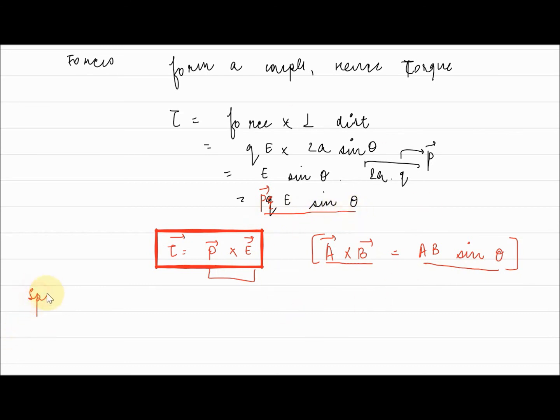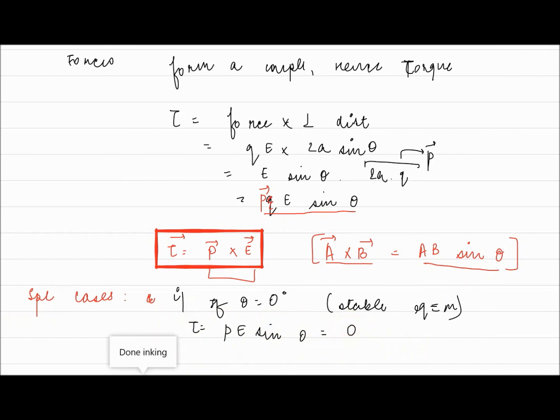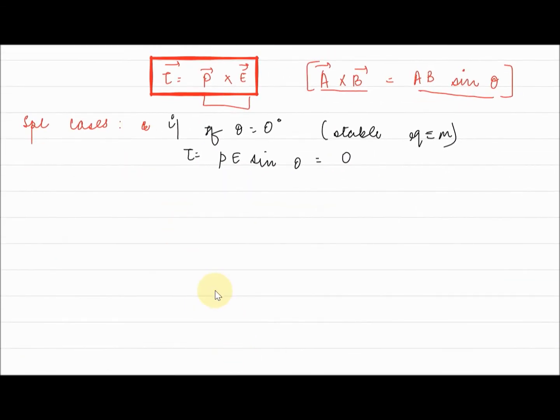So now we'll get on to the special cases. The first case is if theta is equal to 0. It is a case of stable equilibrium. Then torque is equal to pE sine 0, which is equal to 0. Second case, when theta is equal to 180, the equilibrium becomes unstable.